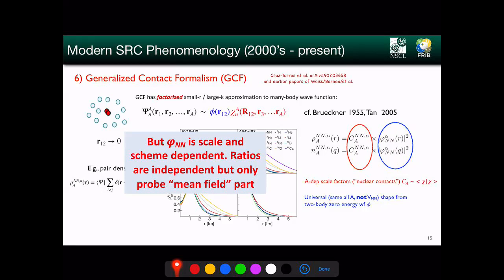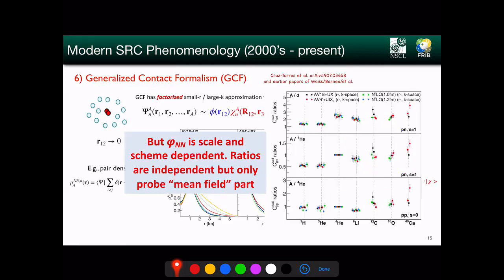So it doesn't really depend very strongly on what force model you're using. And so the way they interpret that is that these ratios of these contacts are really only probing mean field physics, okay, or low momentum physics. And so we'll try to understand that in RG language in a bit.